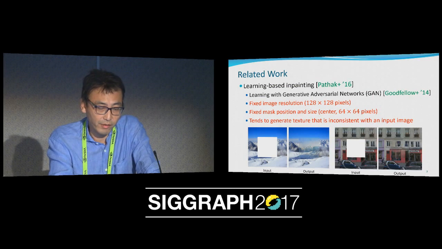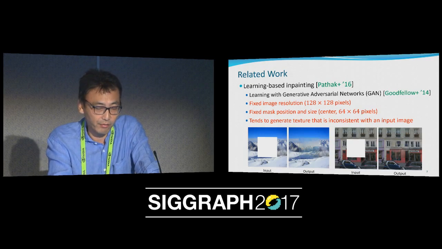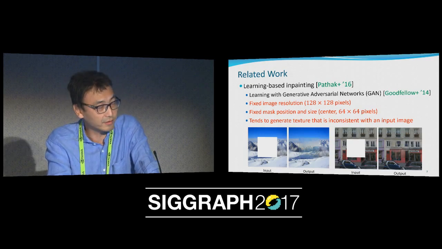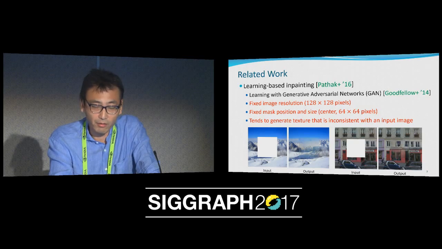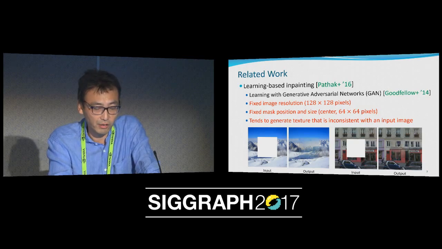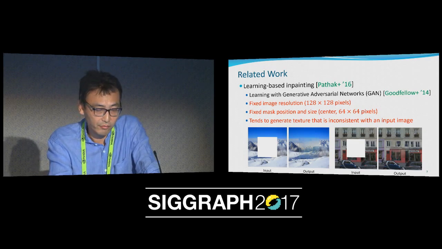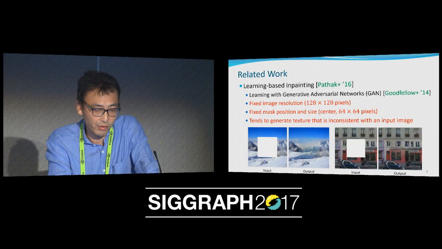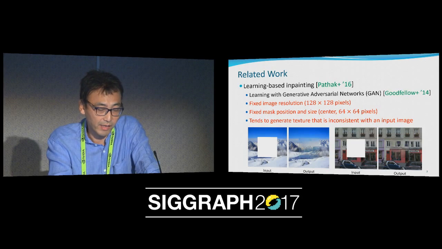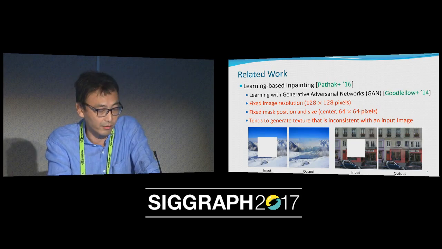Recently, Pathak and others proposed a learning-based technique that utilizes CNNs. They proposed a model that directly outputs the texture of a hole from an input image, and trained the model using the generative adversarial network, or GAN, framework. GANs were originally used to train generative models using CNNs and can generate sharp and natural-looking images.